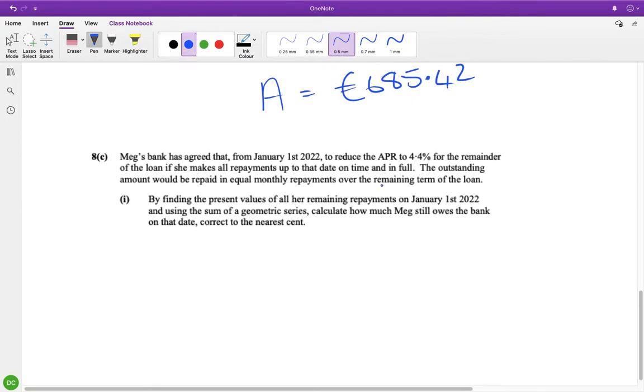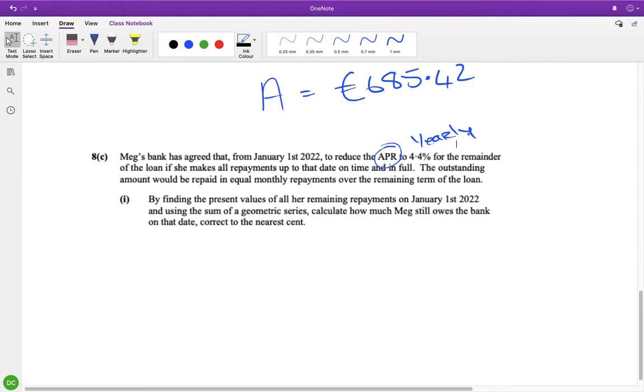So APR is annual percentage rate, so that's a yearly figure, not a monthly one. For the remainder of the loan, if she makes all her payments up to date and on time, the outstanding amount would be repaid in equal monthly repayments over the remaining term of the loan. By finding the present values of all her remaining repayments on January 1st, 2022, using the sum of a geometric series, calculate how much Meg still owes the bank.